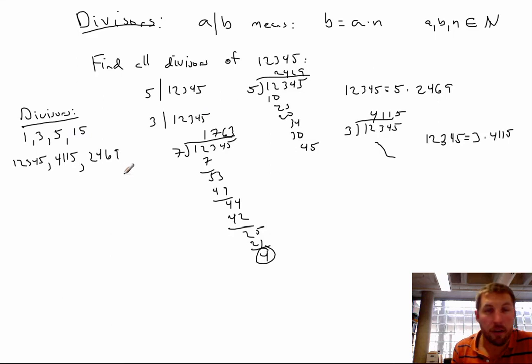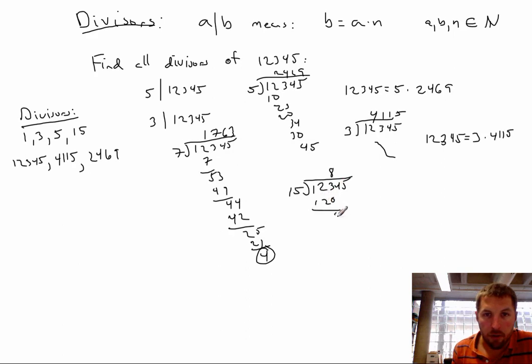And if we take 15, which we haven't done yet, so let's do 15. 12345 divided by 15. Let's see here. 15 goes into 12 no times. 15 goes into 123 a bunch of times. How about 8? 8 times 15 is 120.